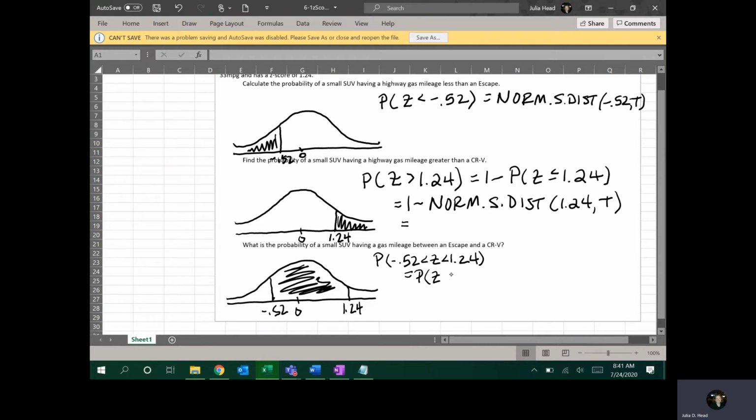And our between rule says we do the bigger number minus the smaller number. And I'll go calculate all three of these.